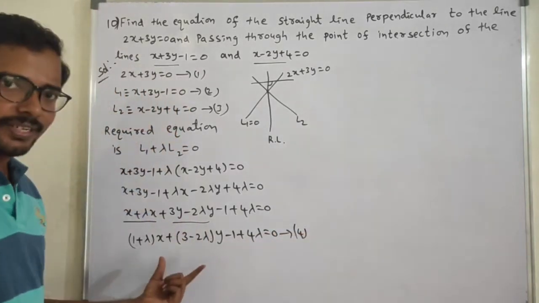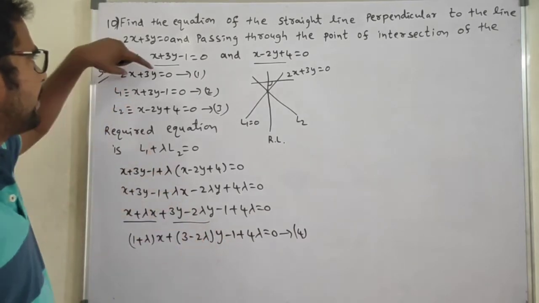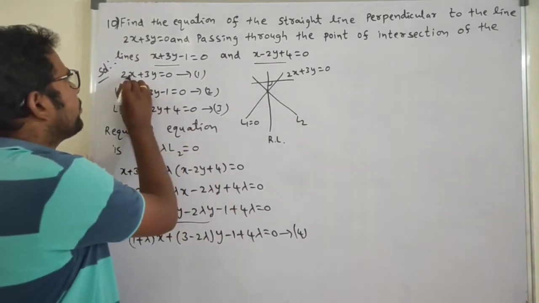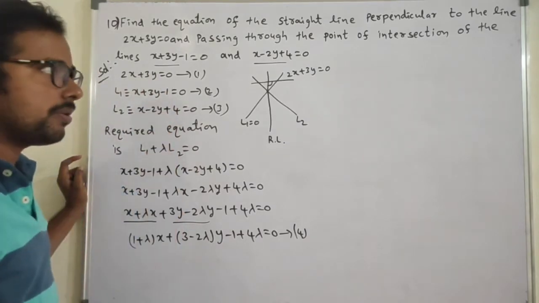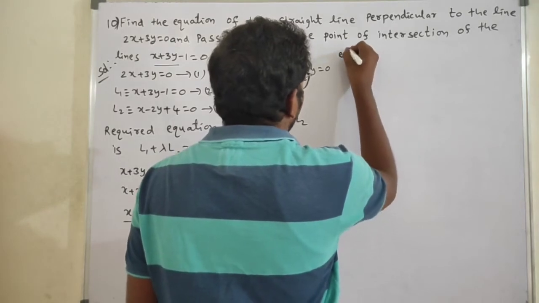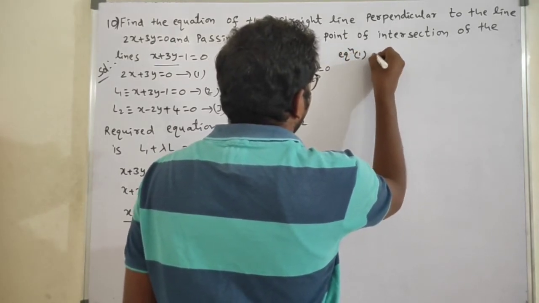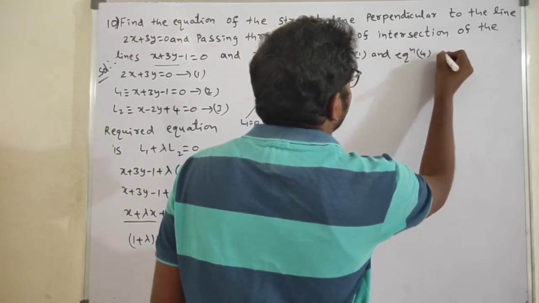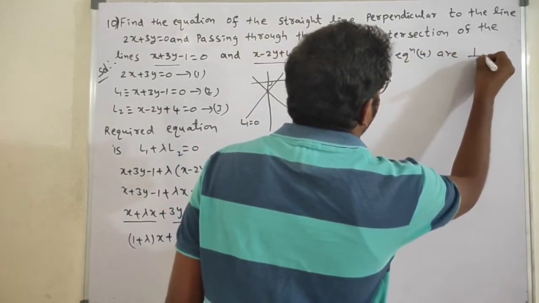This is the required equation, and this equation is perpendicular to 2x + 3y = 0. Therefore, equation 1 and equation 4 are perpendicular.